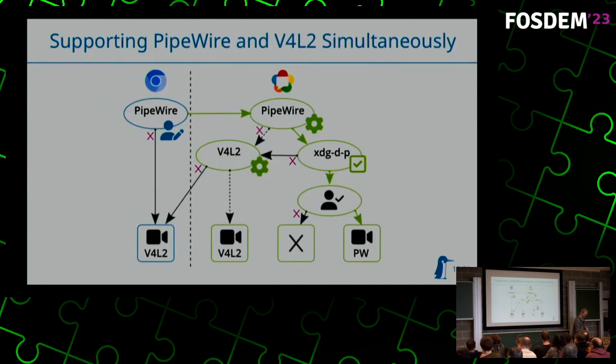So, right. And at the end of the day, I wanted to do this without causing any regressions. So the first step is we add a feature flag in Chromium. Once it's merged, it will be disabled by default at first. So if you want to try it, you need to enable this feature flag and say we want to use Pipewire for cameras.